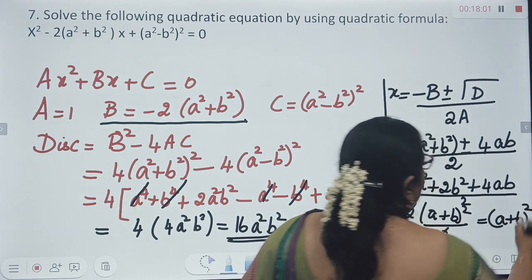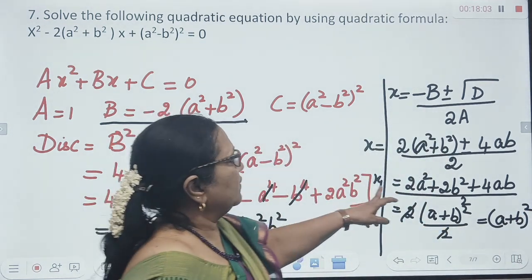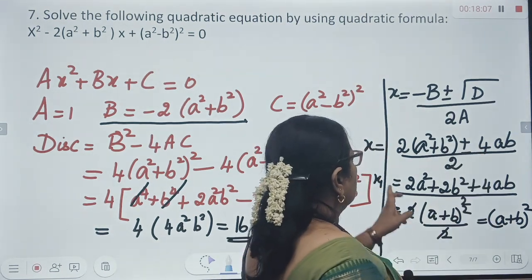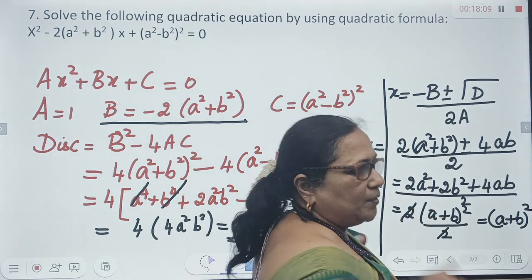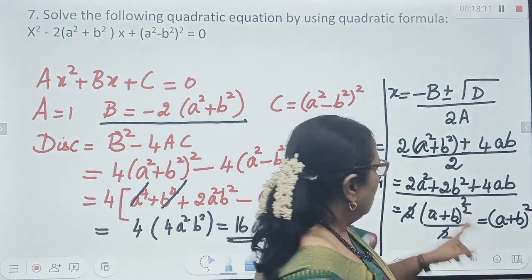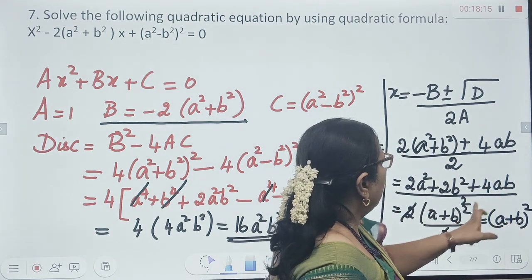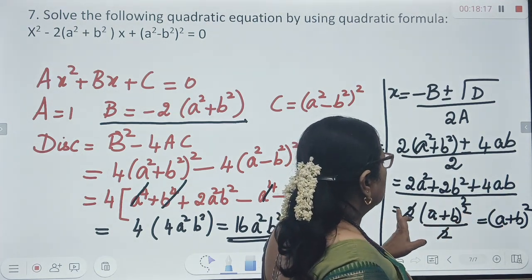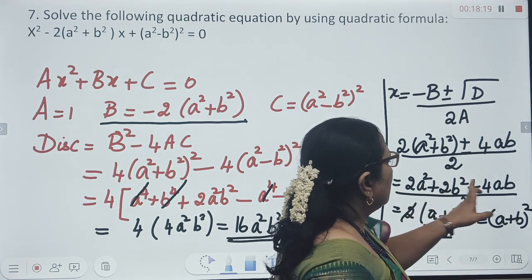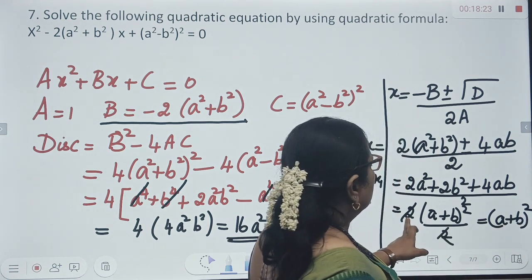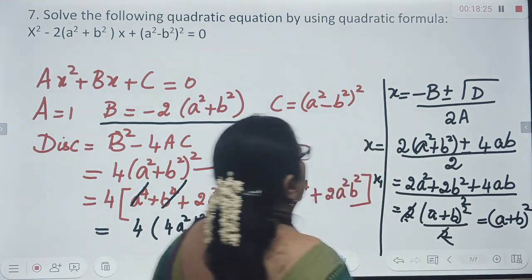That is the first solution, x1, where I have used the plus sign. See, there is a plus and a minus. So x1 or alpha and beta, if you want to call them as roots, one of them is what? 2a square plus 2b square plus 4ab by 2. 2 I have taken outside. Then I will get a square plus b square plus 2ab, which is a plus b the whole square. This 2 gets cancelled with this 2, giving you a plus b the whole square.